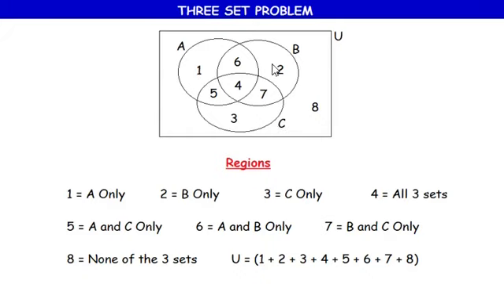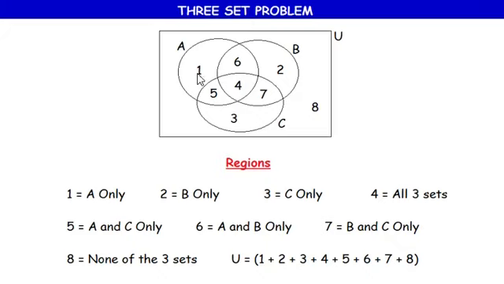So I have labeled the regions here. For three sets, we have 8 different regions: region 1, region 2, region 3, region 4, region 5, region 6, region 7, and then region 8, right? So let's define each region.